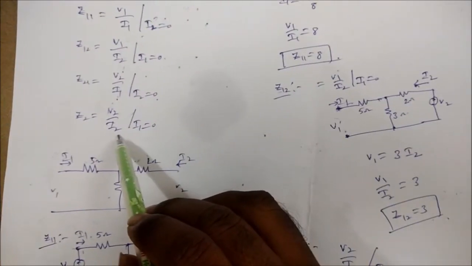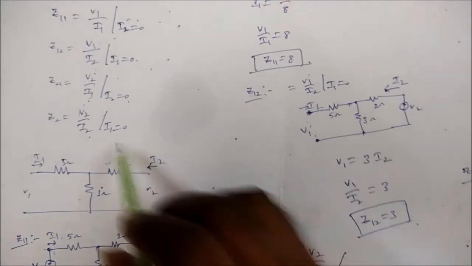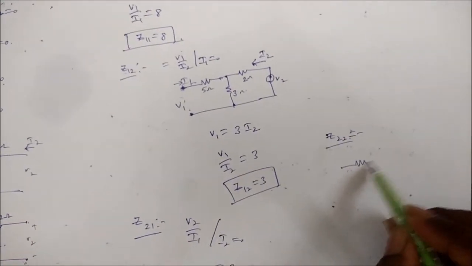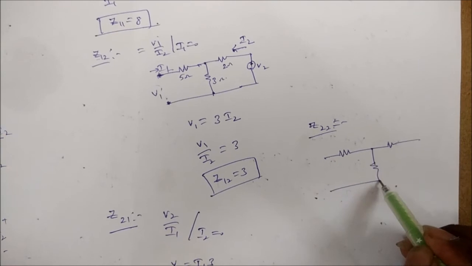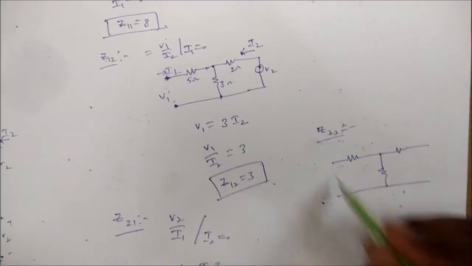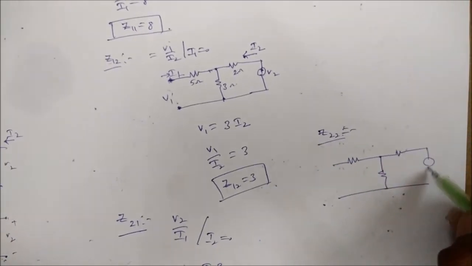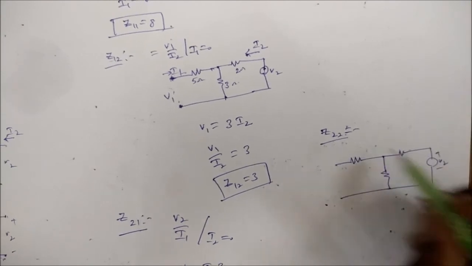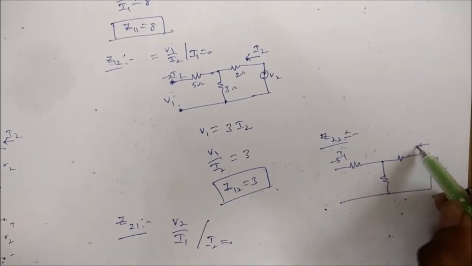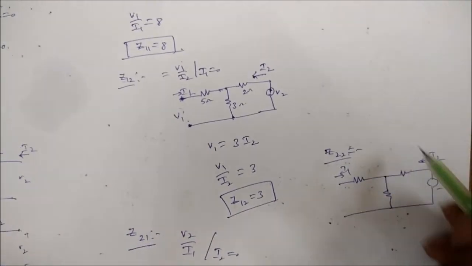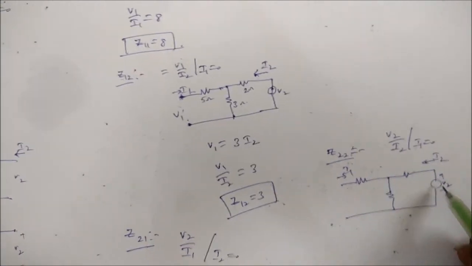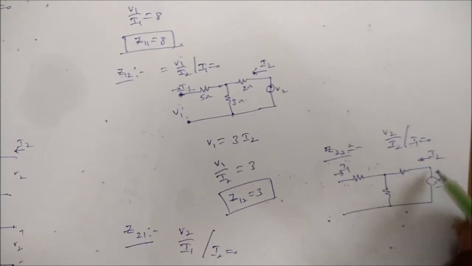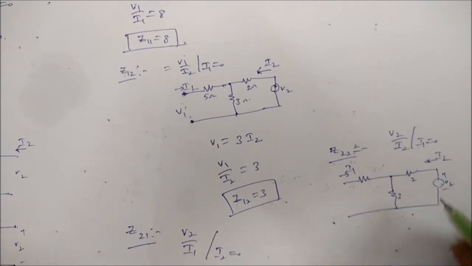So finally Z22. What is Z22? Z22 is equal to V2 by I2 at I1 equal to 0. I1 is equal to 0 means here there is no voltage. Here V2 voltage. So this is I1 and this is I2. So this is V2 by I2 at I1 equal to 0. Here this is 2, this is 3.